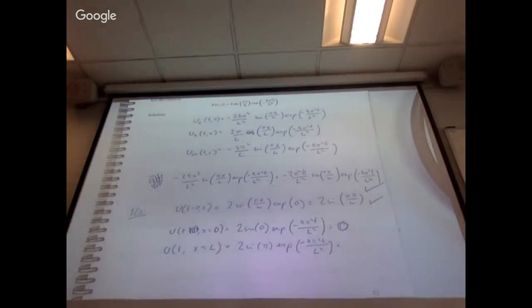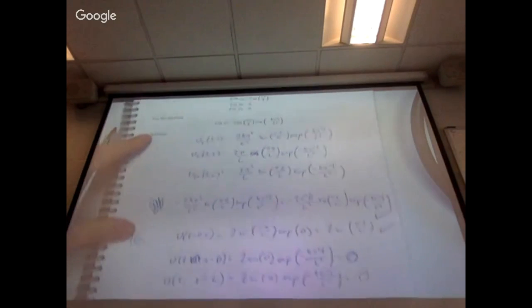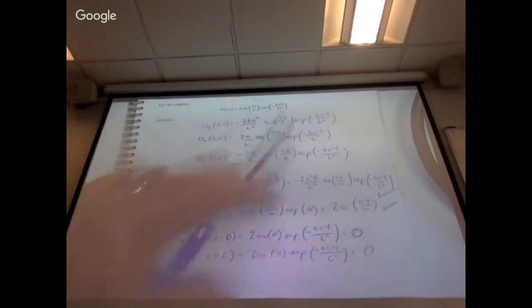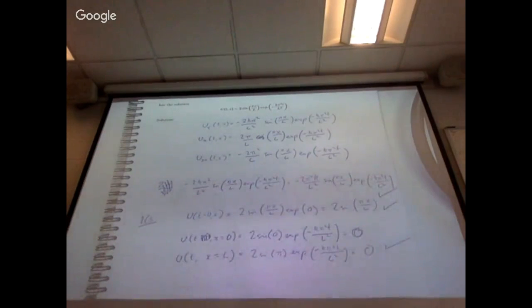What's sine of pi? The other one, yeah, 0. So that's all going to be 0. Okay, so up here, I said my two boundary conditions are always going to be 0. If this is the solution, I test it for both boundaries. They're both 0. So we know that's a solution.